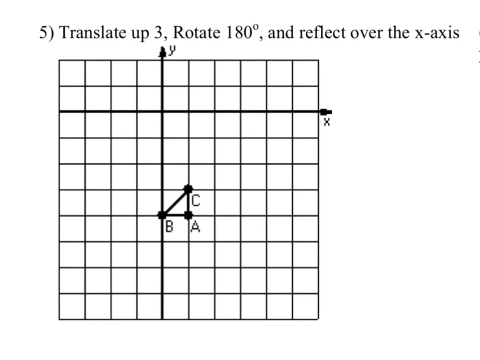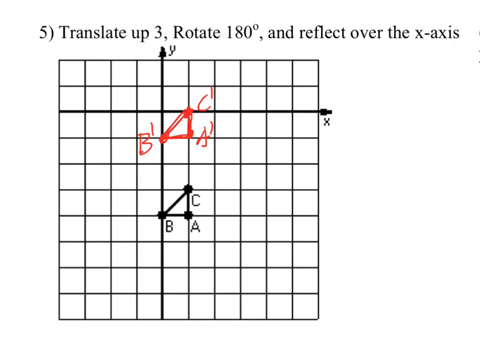Okay, on 5, it's going to start by translating up 3, rotate 180, and reflect over the x-axis. If we're going to move this up 3, C prime is going to be there, A prime is right below it, and then B is just to the left of that. Connect that up. And next we need to do a 180-degree rotation. You're just basically putting things on the other side, like that.